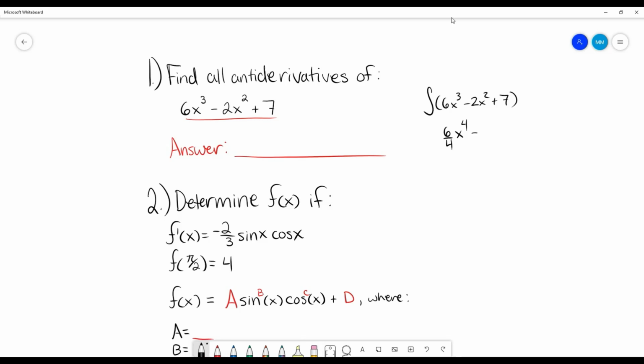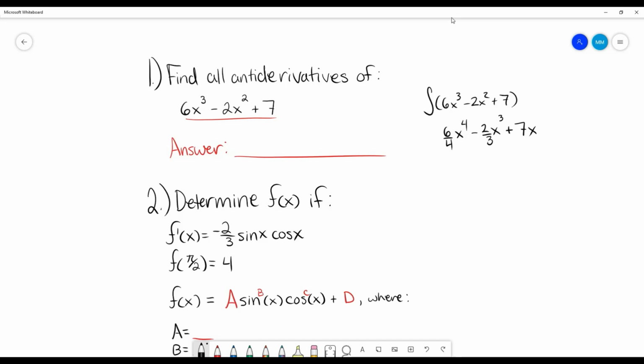Our second term, we do the exact same thing, so that x would have been an x cubed and not an x squared. So it's minus 2 divided by 3. And then plus, well, this is a 7, but we know that when we take the derivative of a constant, it disappears. So this couldn't have been a constant before, so it had to be multiplied by an x. So it's going to be plus a 7x.